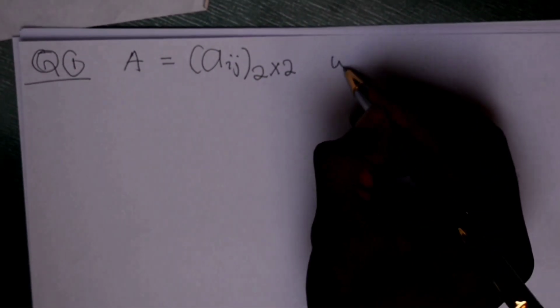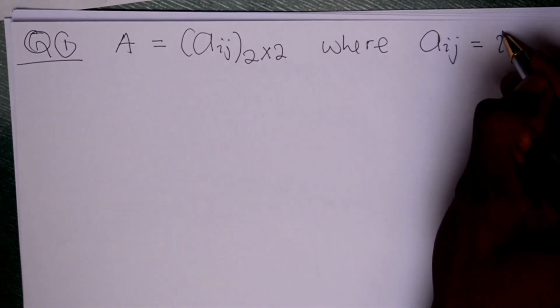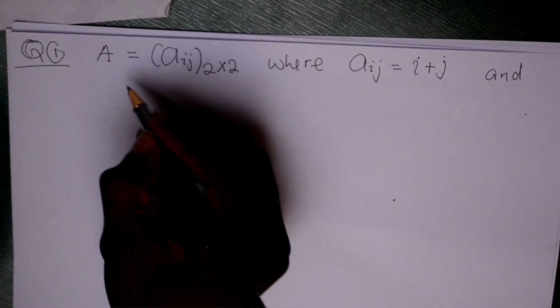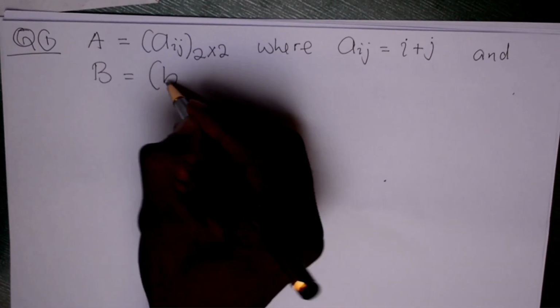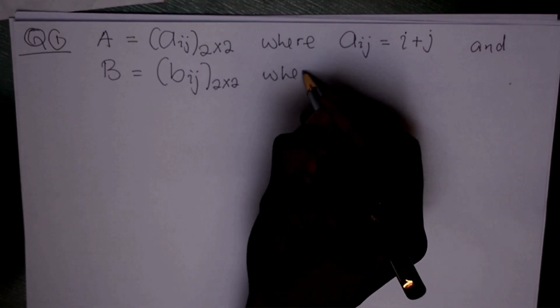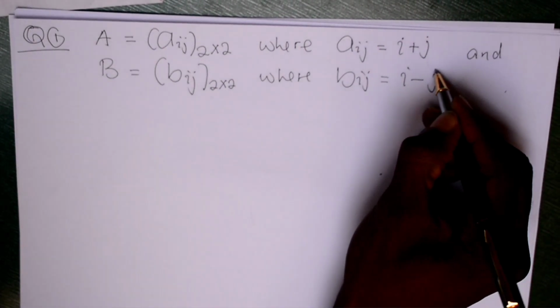So question number 1 says A is equal to Aij, a 2 by 2 matrix where this Aij is equal to i plus j, and matrix B is equal to Bij, and it is a 2 by 2 matrix where this Bij is equal to i minus j.